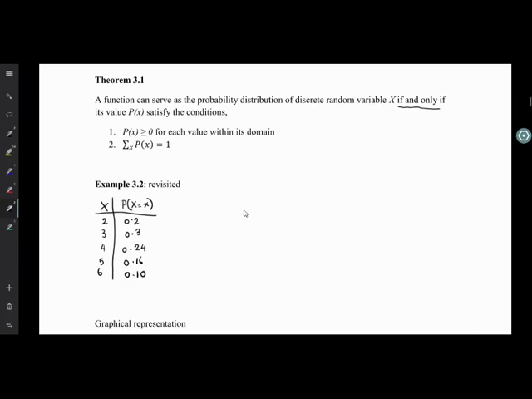You see the p(x) values, all of them are greater than 0 and they are less than 1, so they are probability values. If you add these values together, you will see that you end up with the total probability 1. Therefore, both conditions are satisfied and we can say this representation of this table is a valid PMF for the random variable X.